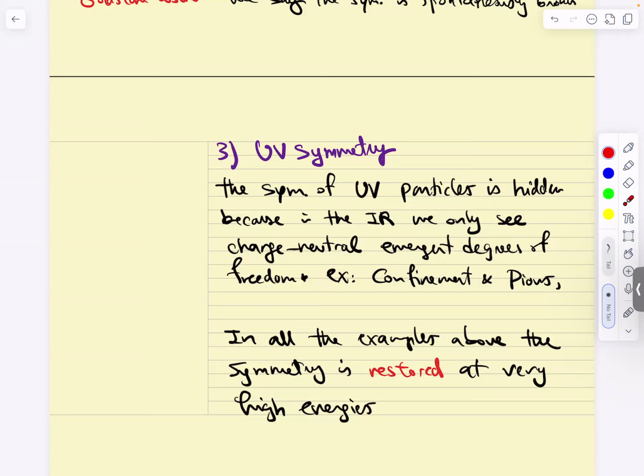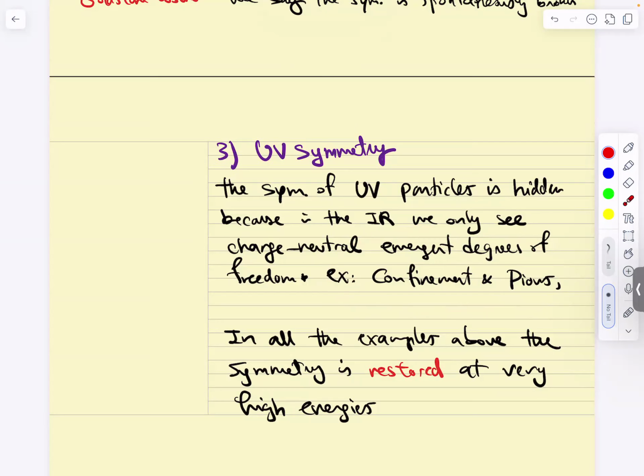It took us a long time to learn about QCD, right? And one extreme example of this is confinement and pions. We said that confinement is a phenomenon where all the finite energy excitations are charge neutral. There's no way for you to see what the UV symmetry is unless you push to really, really high energies.